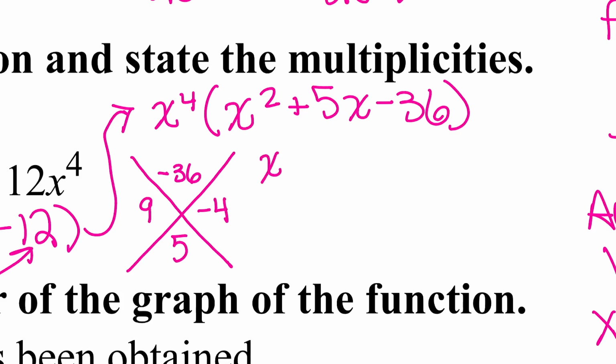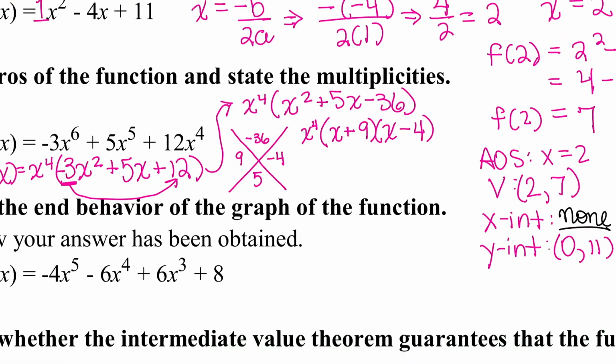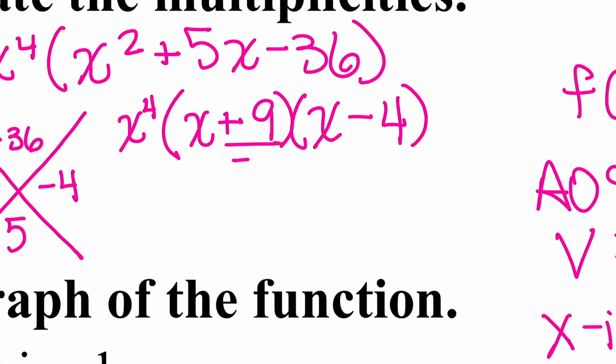From here, we write our factors out. And then we divide by the term that we multiplied originally. So we're going to divide both of these by negative 3.